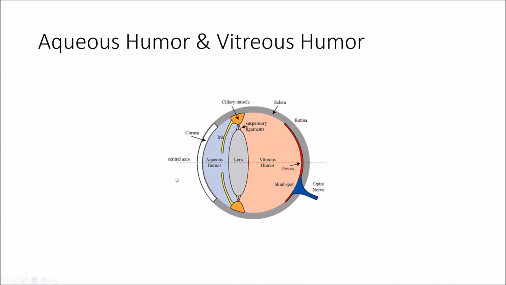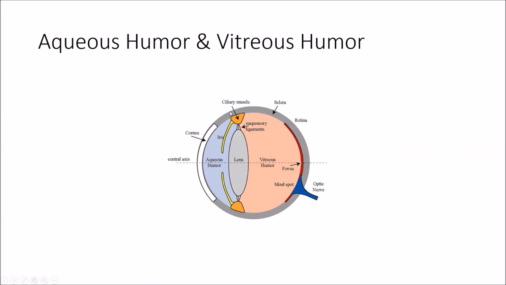If you think of the eye as a little ball, for example, obviously you have to have some type of fluid inside of the eye in order to maintain its shape. So that's what the aqueous humor and the vitreous humor are. If you look at this picture here, the eye is not hollow.